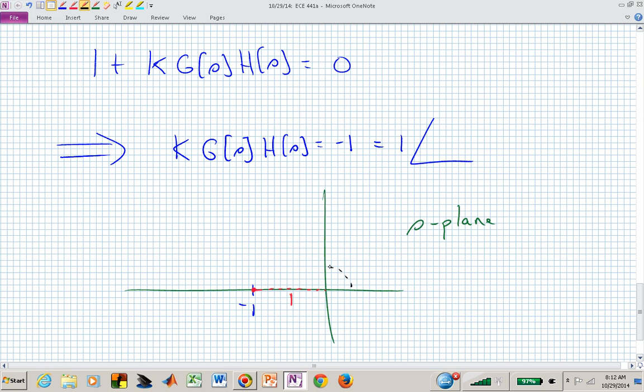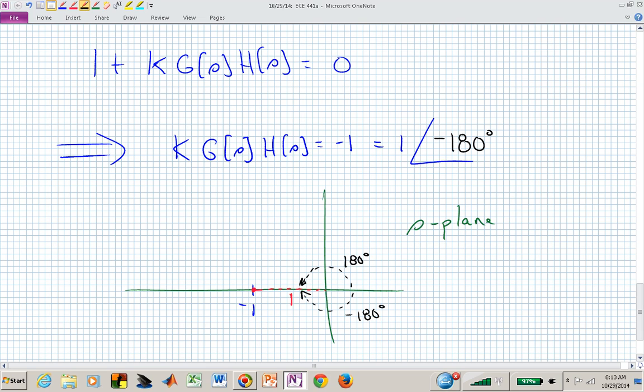You could go this way, or you could have gone this way, and they're both equally valid. I will typically go this way because a lot of times we'll be thinking of these angles as introducing delay, and we always have sort of a negative delay. So we'll get to that point, -1, by a magnitude or a length of 1, and we'll travel in the -180 direction.